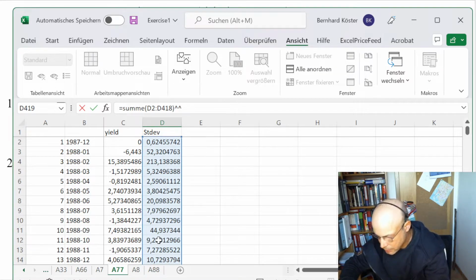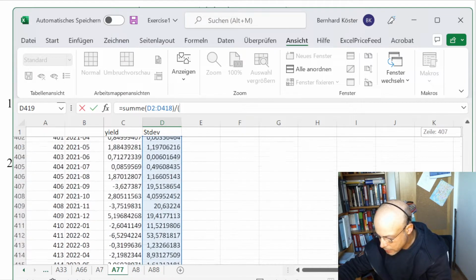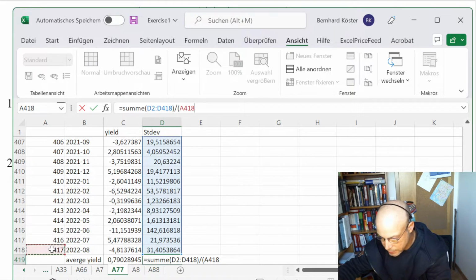Oops, not squared, and divide this by our n, 417 minus 1.